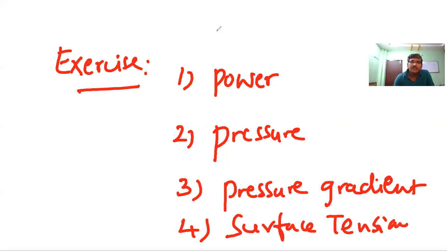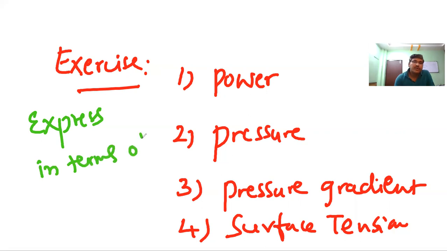Try to express all these things in terms of units. I need the units expression for this. Make use of the dimension formula and find out the units for these.